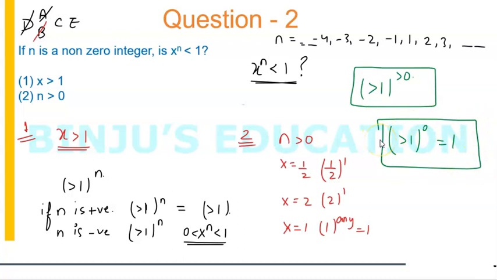Any number raised to the power 0 is 1. Now, if I increase the power, because now the power is greater than 0, can I say my result should also be greater than 1? When the power was 0, my result was 1. Now I'm increasing the power also, so my result has to be greater than 1 no matter what happens.